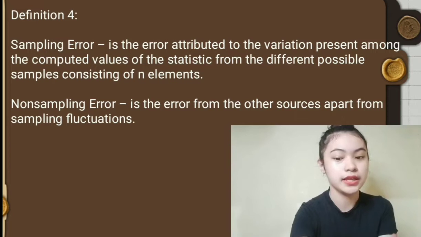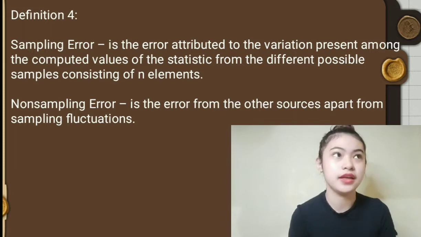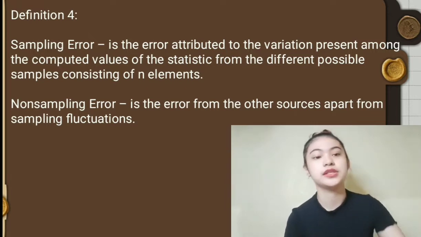Basically, the sampling error can already be seen in our computed values, while non-sampling error is the error that we can see from other sources apart from sampling fluctuations.